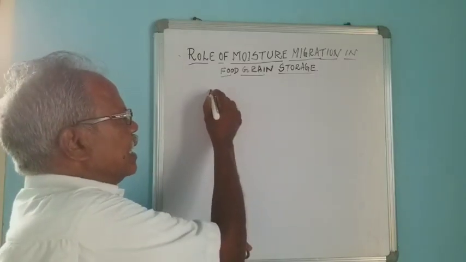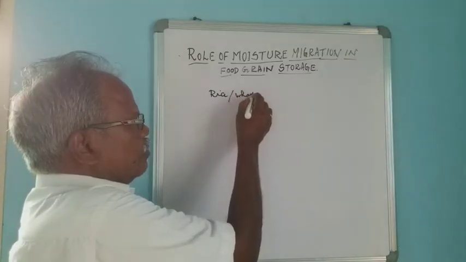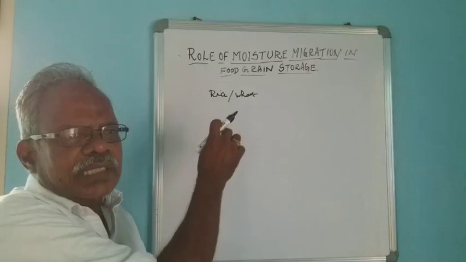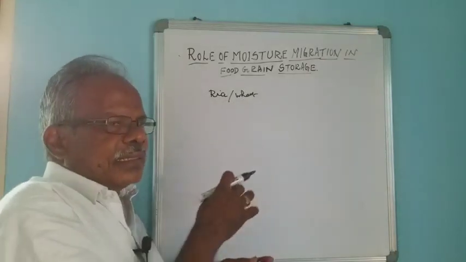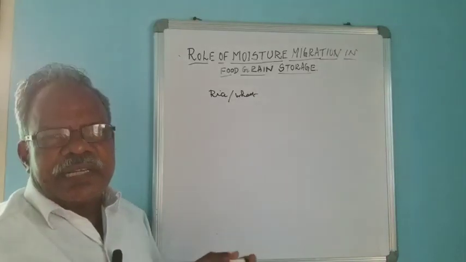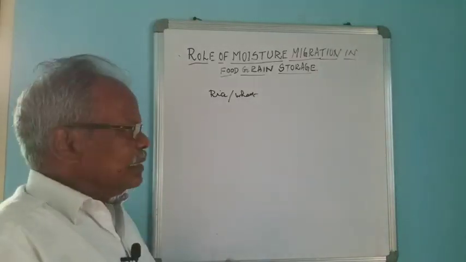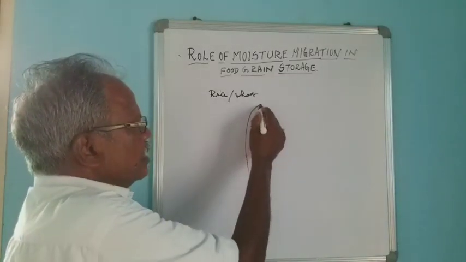Rice and wheat come under monocot, that is in angiosperm. There are two divisions, one called monocot and another called dicot. The rice and wheat which we store come under monocot seed. We will see the structure of the monocot seed.